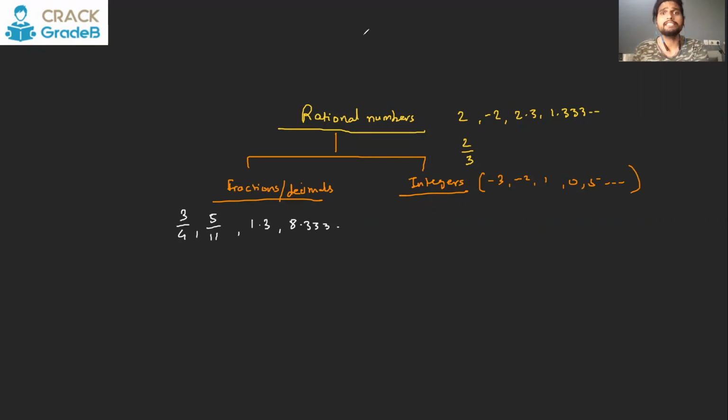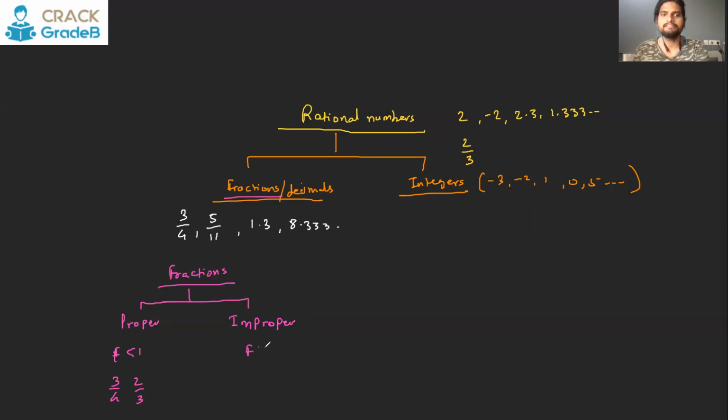Now, talking about fractions, there can be subparts of the fractions: proper fraction and improper fraction. Proper fraction means the fraction which is less than 1, like 3 by 4, 2 by 3.